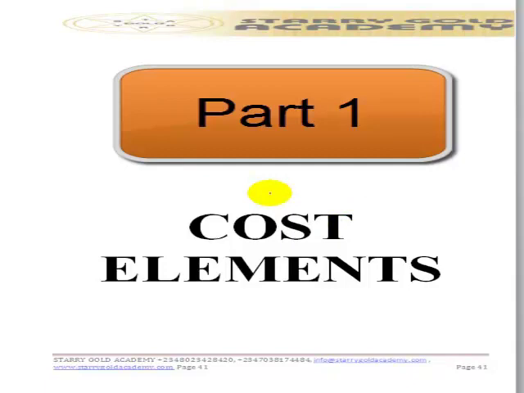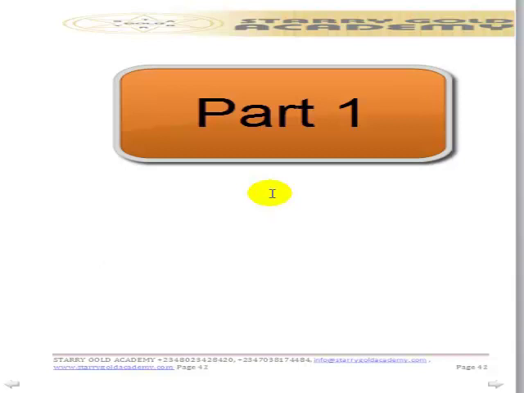If you remember our discussion under the cost classifications in chapter 2, we looked at a particular classification known as classification by nature. So we're going to buttress that particular topic, which we'll be discussing under the cost element.